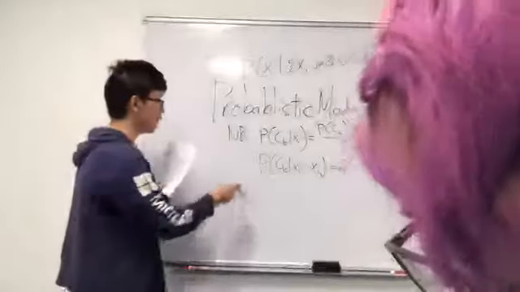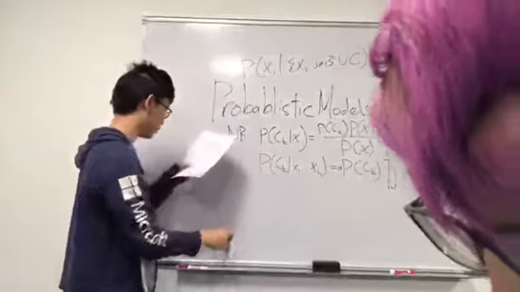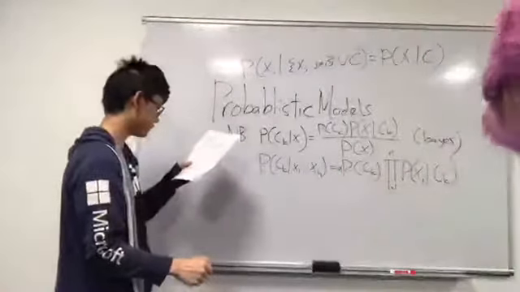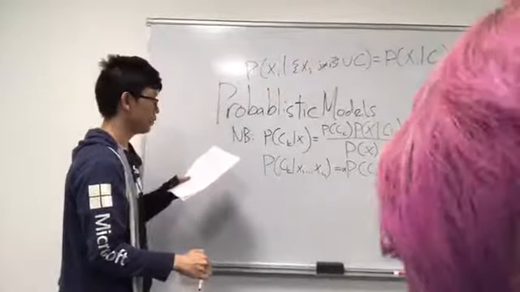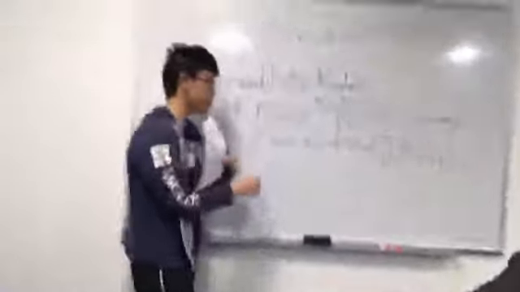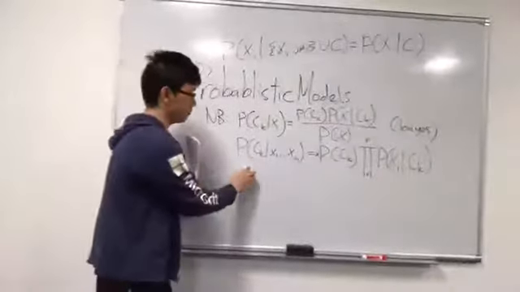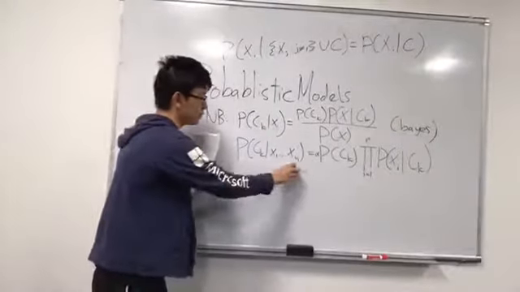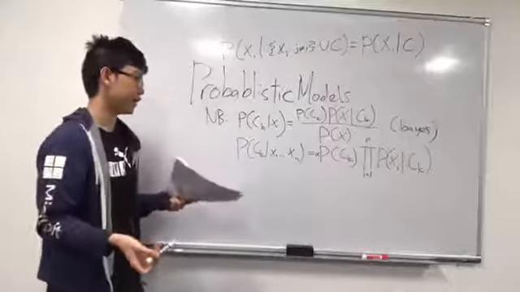So once you have this probability, what you'll need to do is note that you are simply trying to take the maximum of this value. You're trying to find the most likely class given your data.